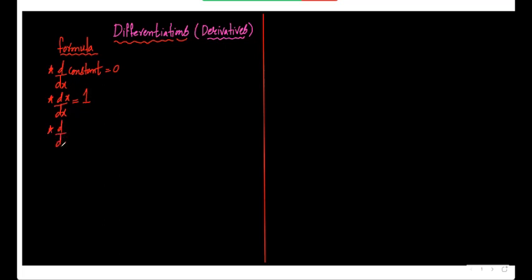d by dx of e to the power of x is equal to e power x, the exponential function. d by dx of root x is equal to 1 by 2 root x.